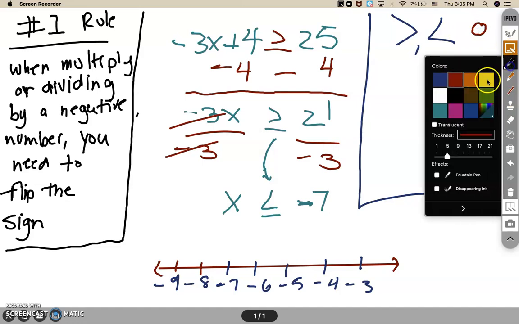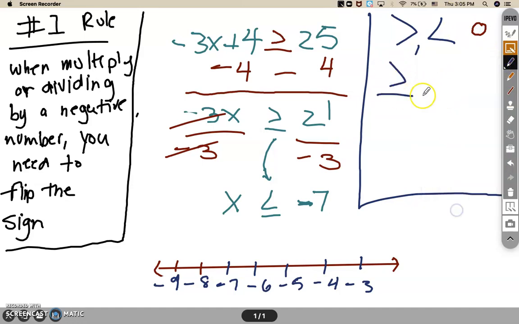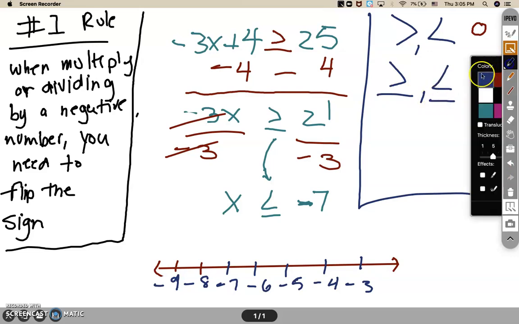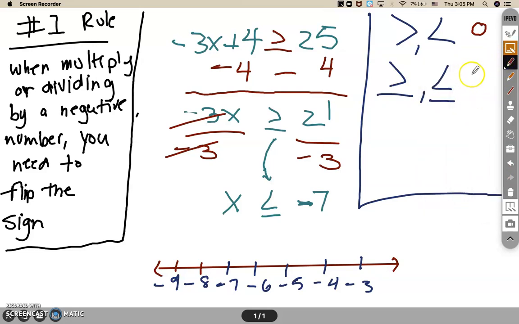But if you have a greater than or equal to, or a less than or equal to, you are going to use a solid circle, meaning you color in the circle. Since in this case we have a less than or equal to, we're going to put in a solid dot.